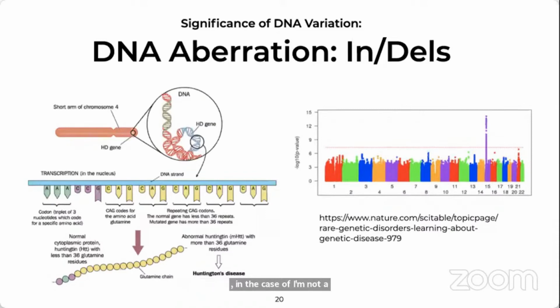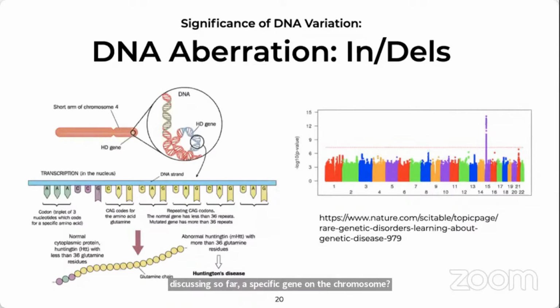So in the case of Huntington's disease, which is a rare inherited disease, we know it causes progressive breakdown of the nerve cells in the brain. This has a wide impact on a person's functional abilities, and it usually results in movement disorders, cognitive disorders, and may end up resulting in psychiatric disorders. Huntington's disease is an inherited condition where, instead of the point mutations we have been discussing so far, a specific gene on chromosome 4 has an abnormal number of CAG codons.